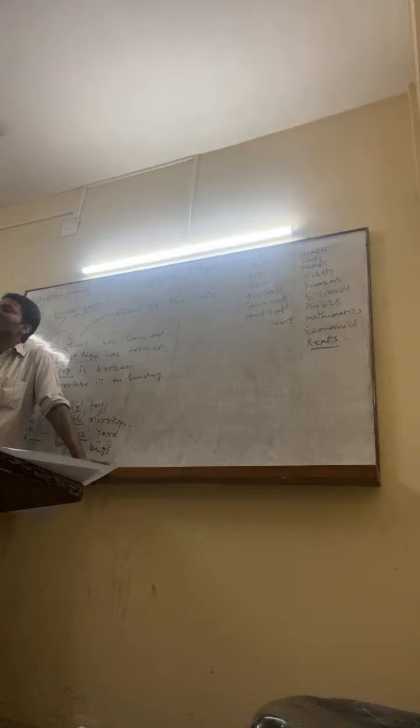So in all these cases, what do you say? I am going to school, right? I am going to school every day on my cycle, but today I am going to the school by bus, right?